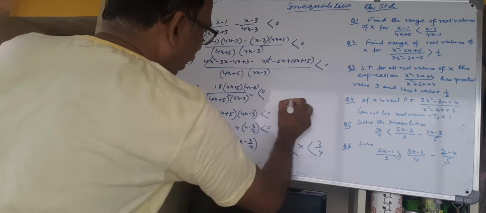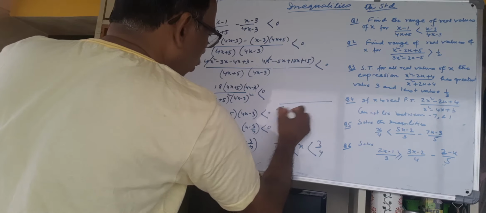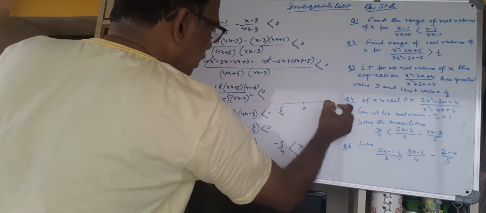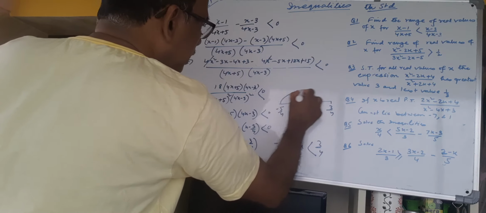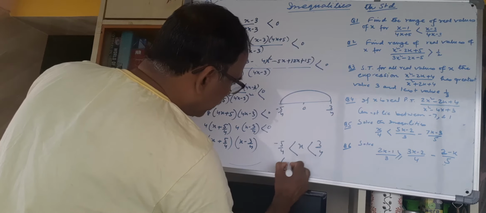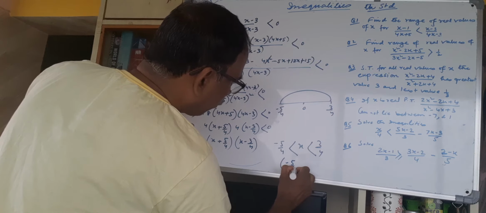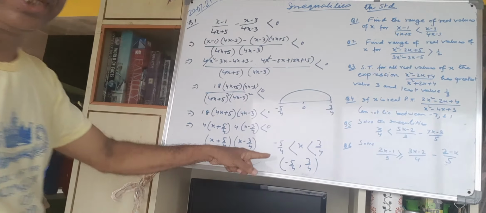That means if you write on the number line, this is minus 5 by 4, this is 0, this is 3 by 4. So x will lie within this range. Symbolically we write minus 5 by 4, comma 3 by 4, within first bracket.